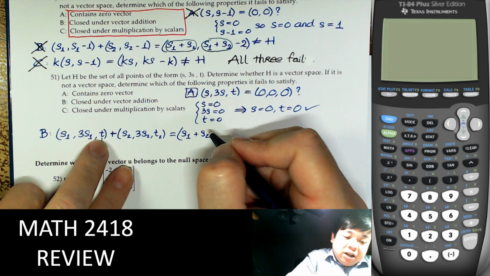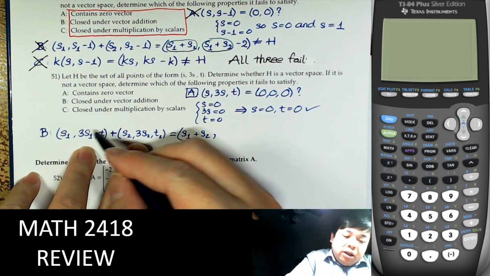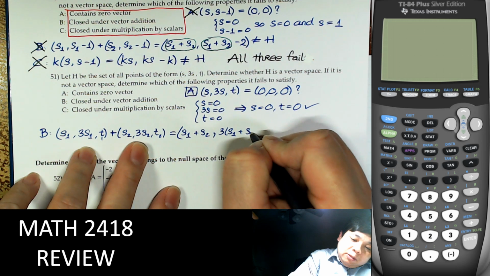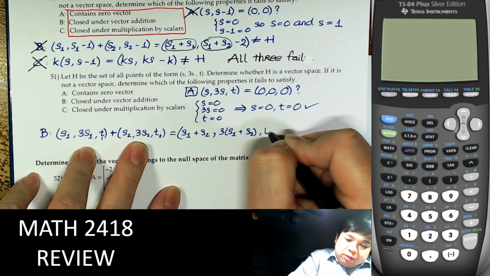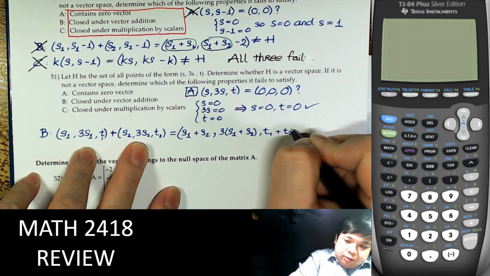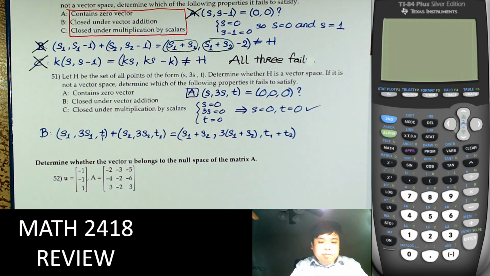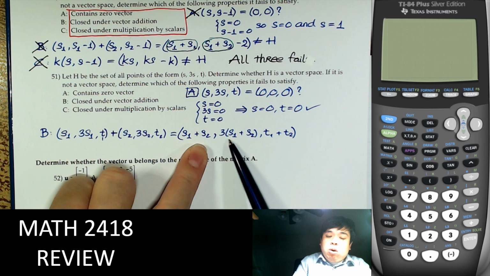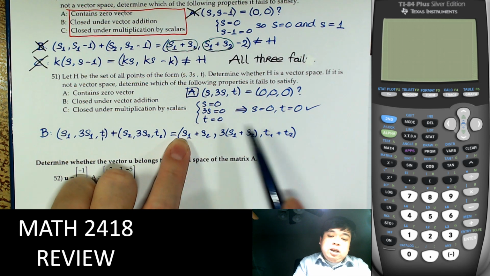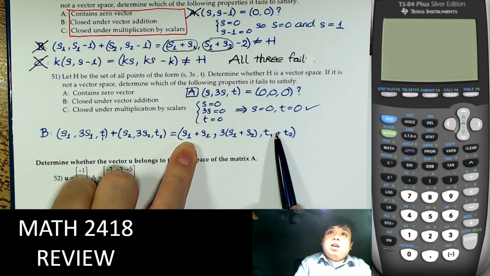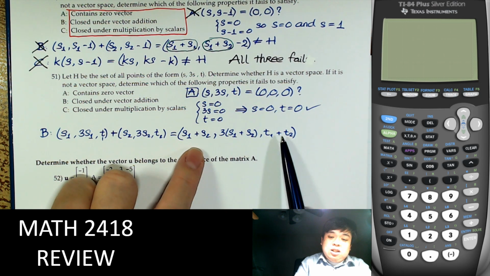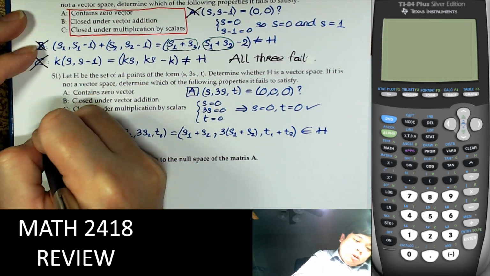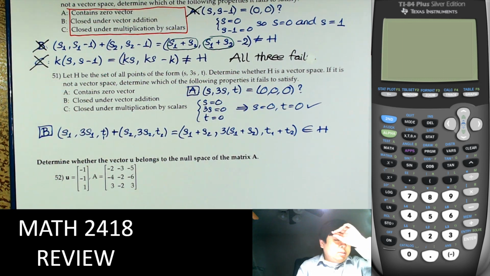And then when you add the middle components, we can factor out 3. And then we have T1 plus T2. Now if we look at this vector, when we add them, the middle component is 3 times the first one, and the last one doesn't matter. So in this case, yeah, this is in H. So this is closed under addition, so this one is good as well.